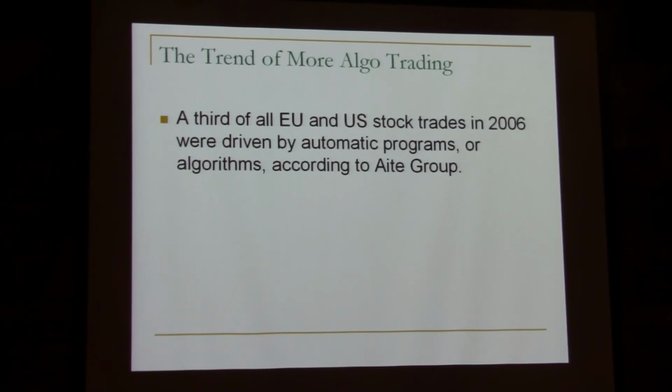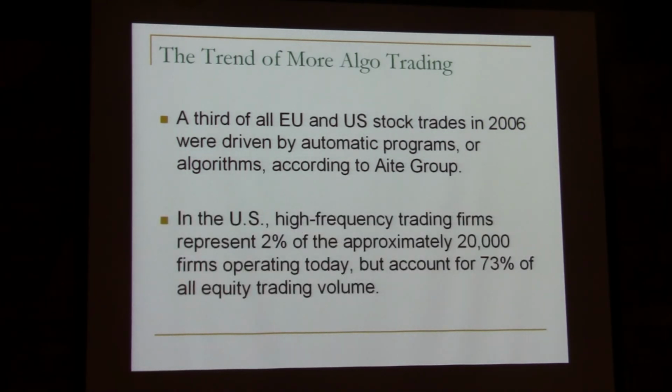And even more now, this could be a surprise to you. In the US, the high frequency trading firms represent just 2% of about 2,000 firms today. But they account for 73% of all the volume. That is pretty amazing.